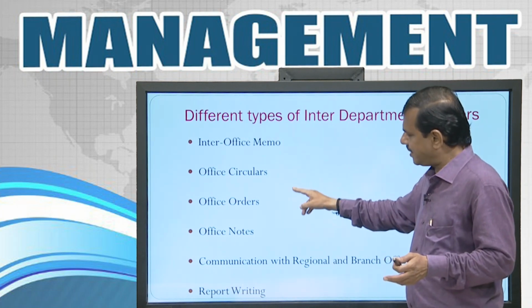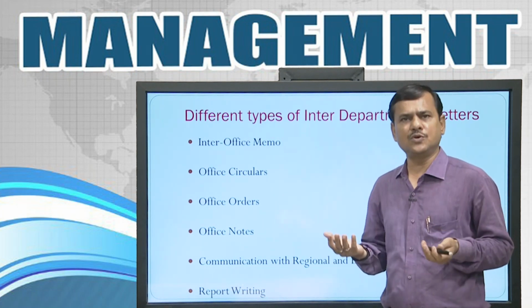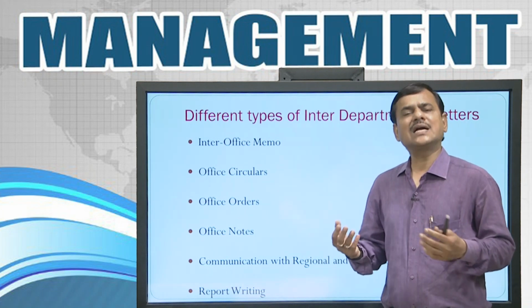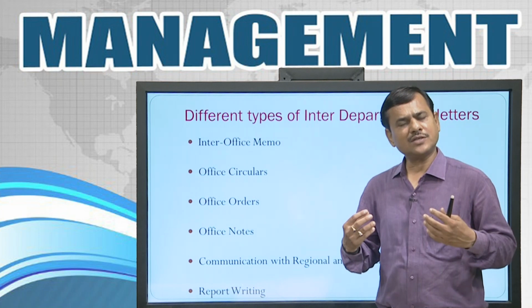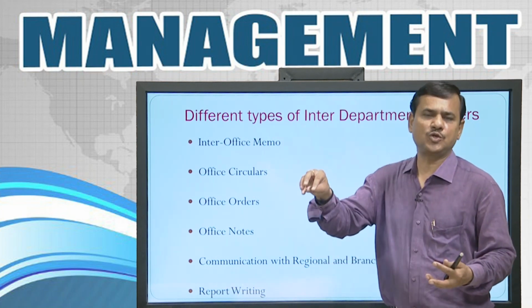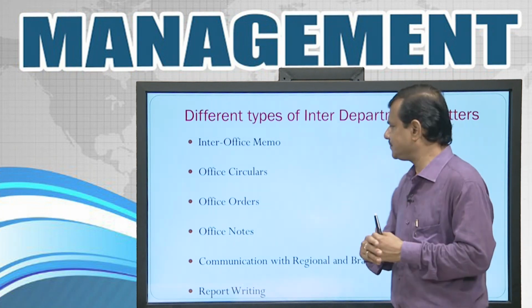Every letter has its own structure, and you are supposed to know this structure from your module. Your module covers everything in detail. The talks made by me are supplementing to understand the concept of all the chapters.